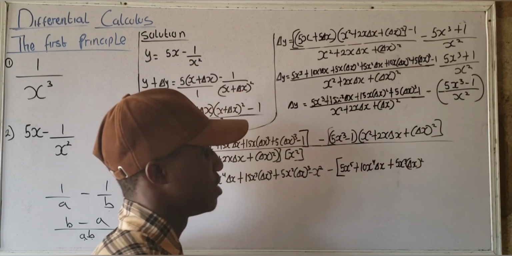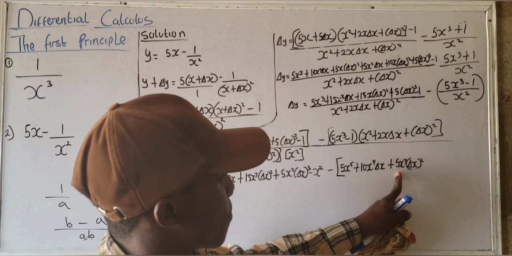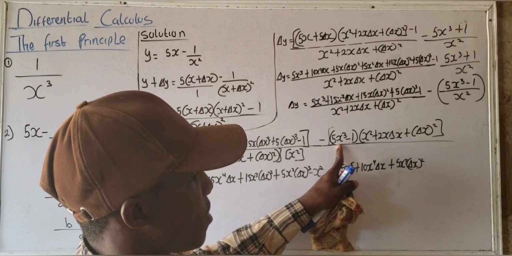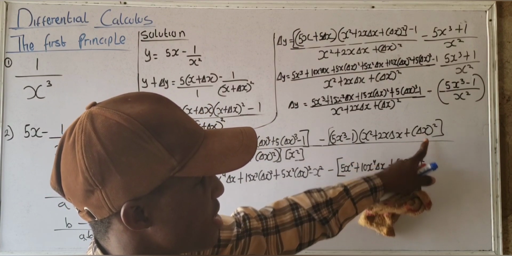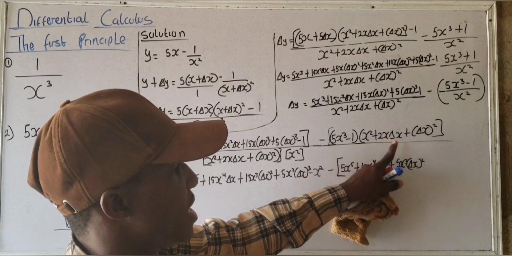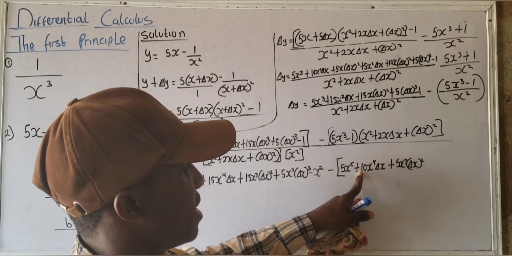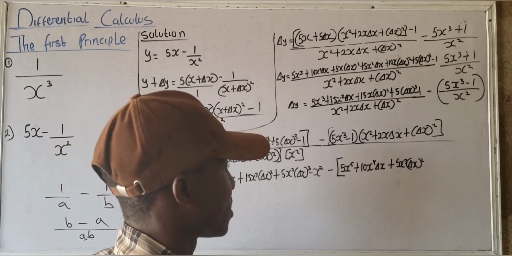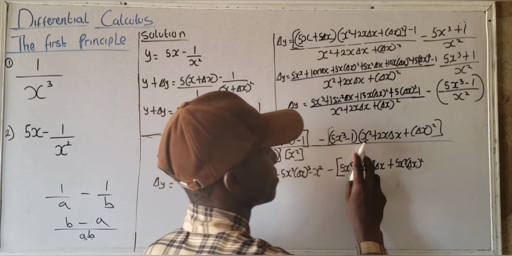Please, do you know why I got this? I multiply 5x raised to the power of 3 by delta x squared. That's how I got this. And I multiply 5x raised to the power of 3 by 2x delta x. That's how I got 10x raised to the power of 4 delta x. You understand? Okay, negative 1 times all this as well.